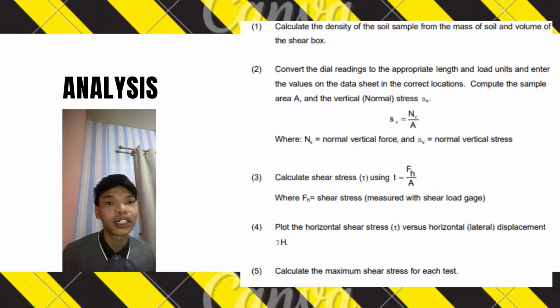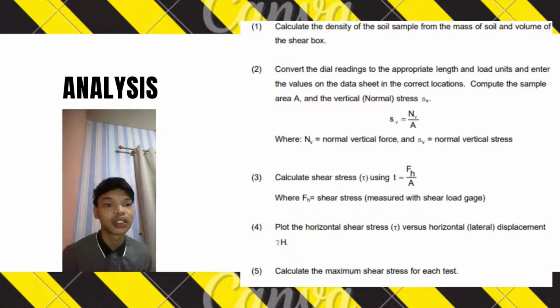Analysis. First, calculate the density of the soil sample from the mass of soil and volume of the shear box. Second, convert the dial readings to the appropriate length and load units and enter the values on the data sheet in the correct location. Compute the sample area A and the vertical normal stress SV.